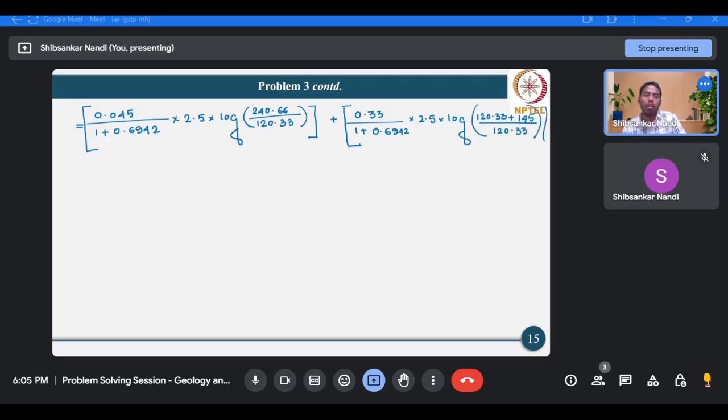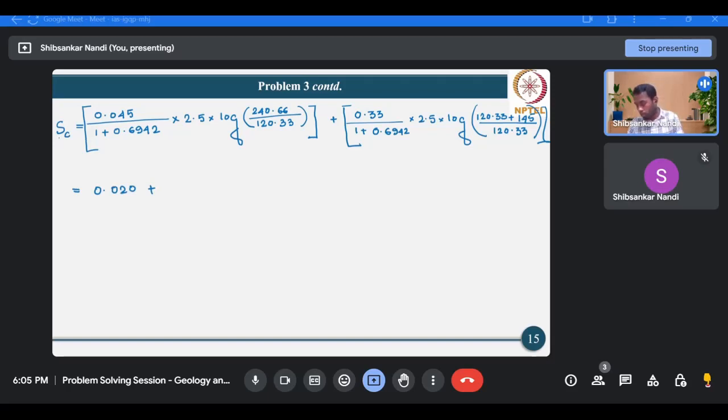Okay. So we'll calculate it separately. First of all, for the first part, it's approximately 0.020. Okay, so this is your Sc.